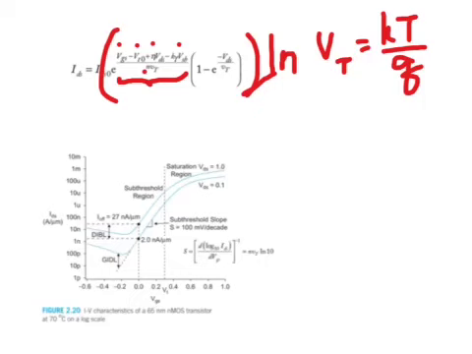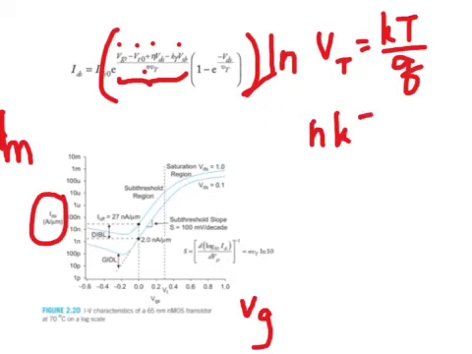The slope of this linear curve, once we take the ln of the current, the log of the current here versus linear Vg, will be n kT over q, reminding again that n comes from the capacitive divider, and this is given here.